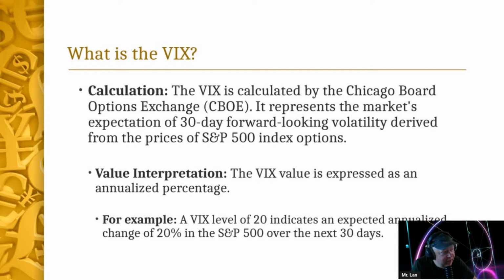All right. Value interpretation. The VIX value is expressed as an annualized percentage. For example, a VIX level of 20 indicates an expected annualized change of 20% in the S&P 500 over the next 30 days. There you go.